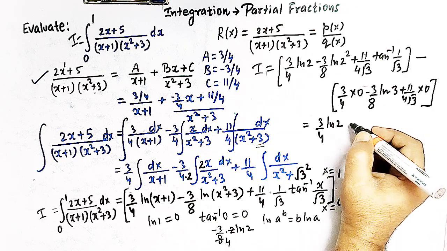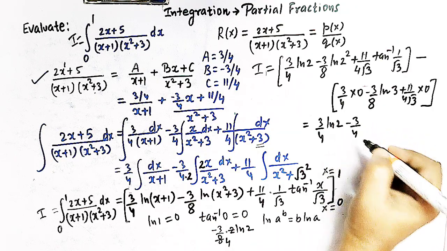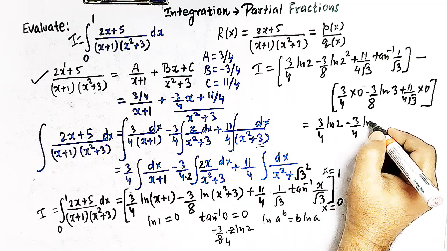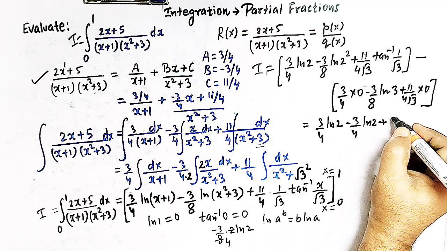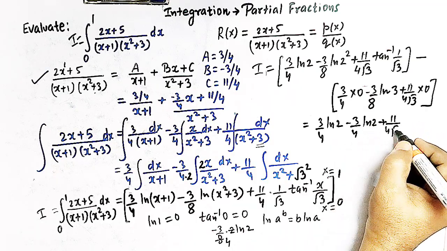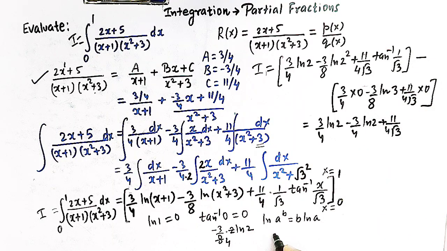So we have here a minus 3 over 4 natural log of 2, and then we have 11 over 4 root 3, and tan inverse 1 over root 3 is equal to pi over 6, right?